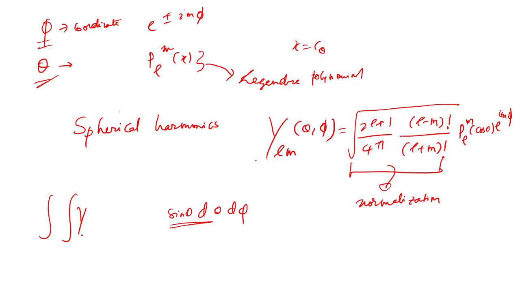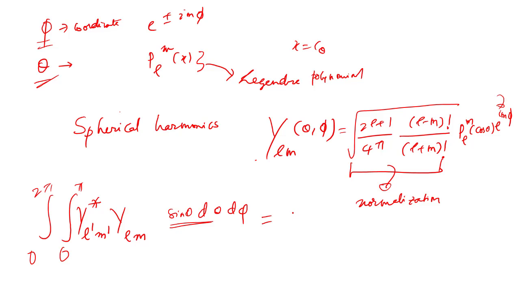When we integrate Y_l'm' complex conjugate, because we have a complex number here, times Y_lm without complex conjugate, for theta we are going from 0 to pi, and for phi we are going from 0 to 2 pi.